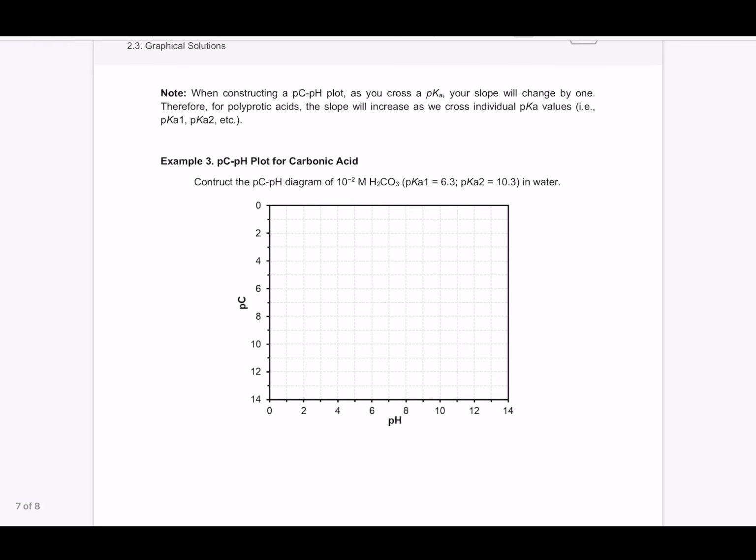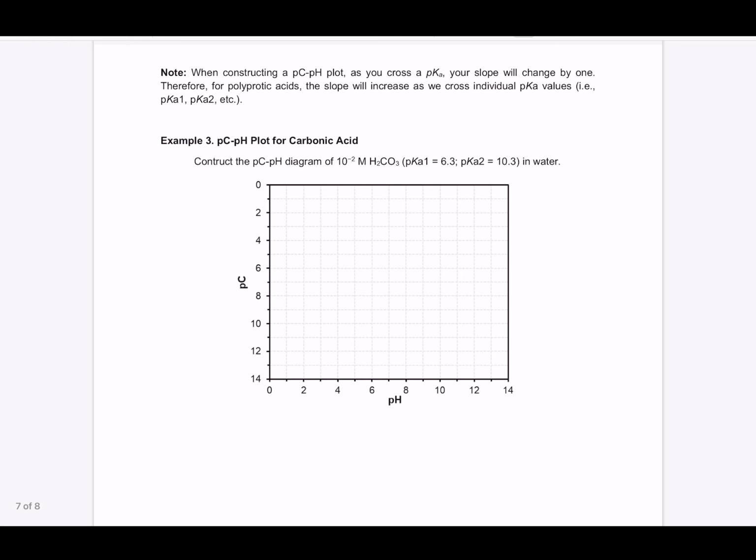But here we can mathematically derive the logical approach, how, for example, the slope is changing as we proceed, as we pass, let's say, a pKa, like what we did for a monoprotic acid. But here we just use the same rule, which actually tells a lot about the system.